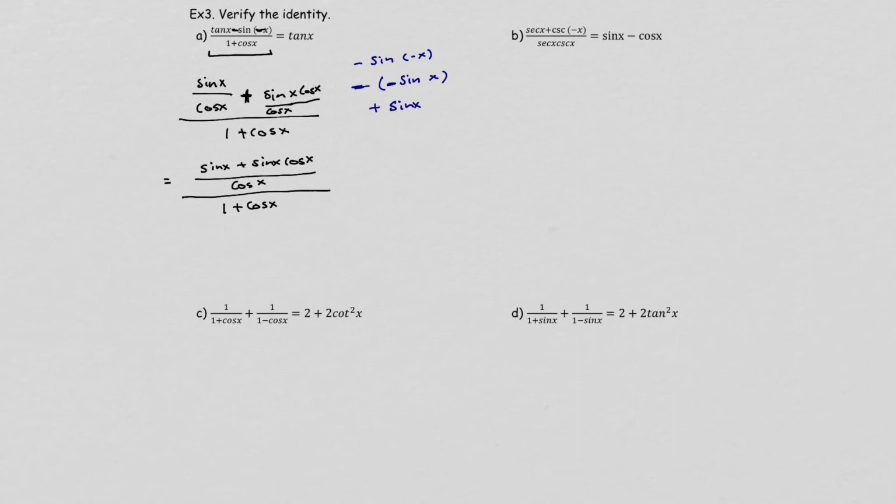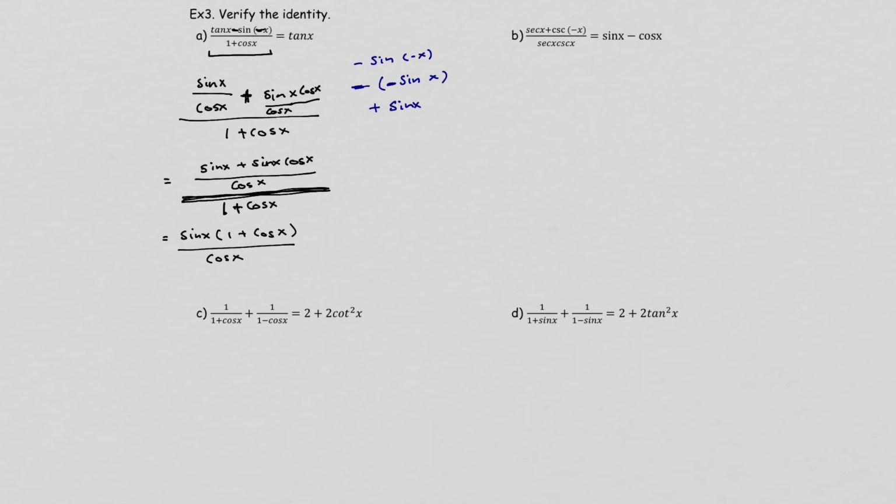So this is a complex fraction. And you have a common factor. You're going to factor sine x out. You get 1 plus cosine x over cosine x.